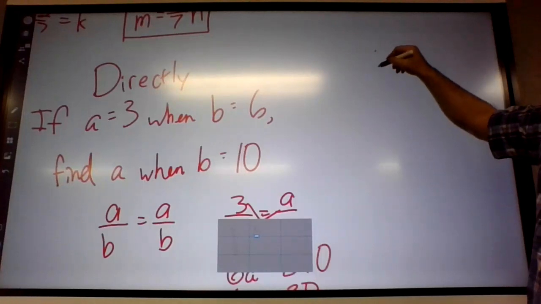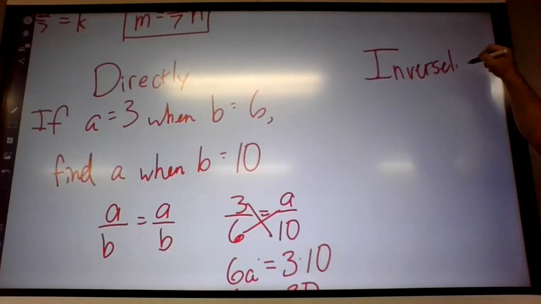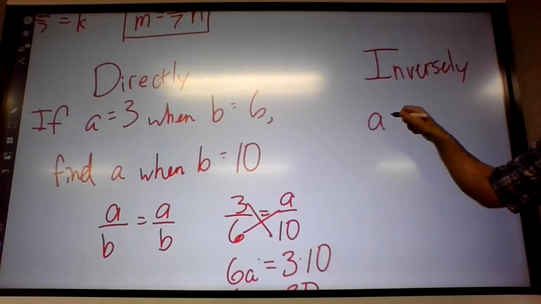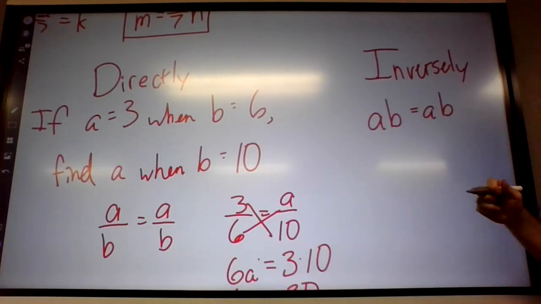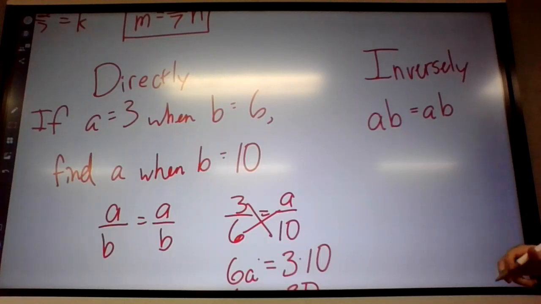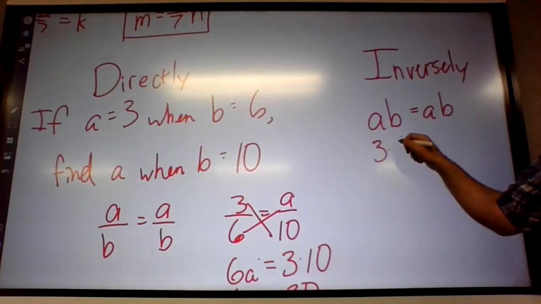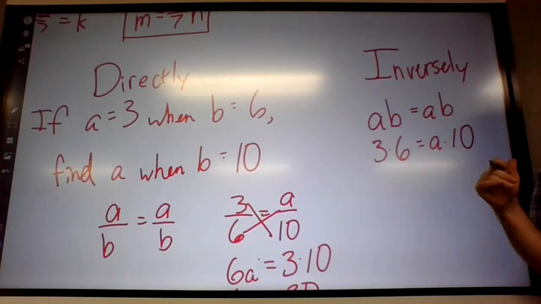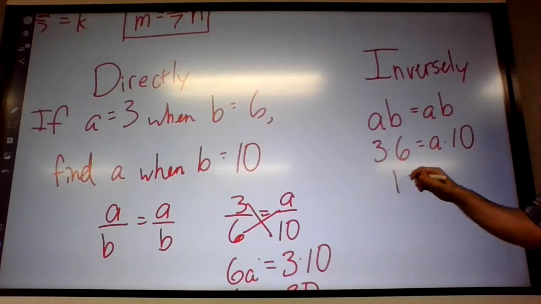If they had said inversely, we would actually use this formula: A times B equals A times B. So 3 times 6 equals A times 10, and then you just solve that. 3 times 6 is 18.